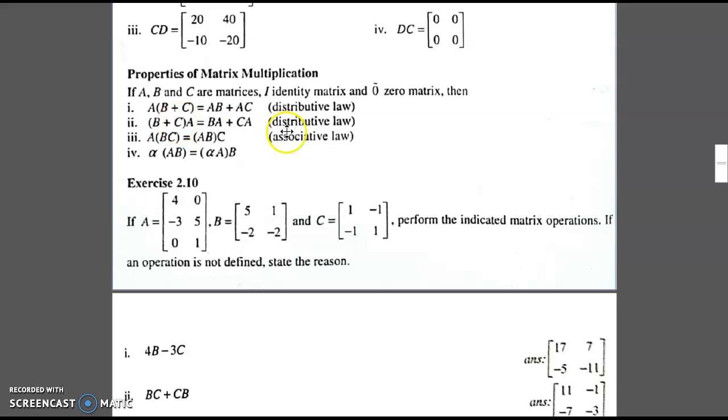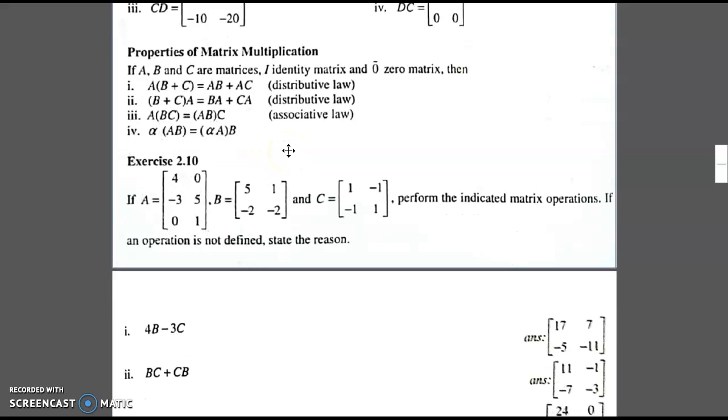Then the associative law, where (A times B) times C is equal to A times (B times C). And this can also be applied for scalar multiplication. If you multiply two matrices and then multiply with a scalar value, or you multiply A with a scalar value and then multiply with another matrix, it will still give you the same value.